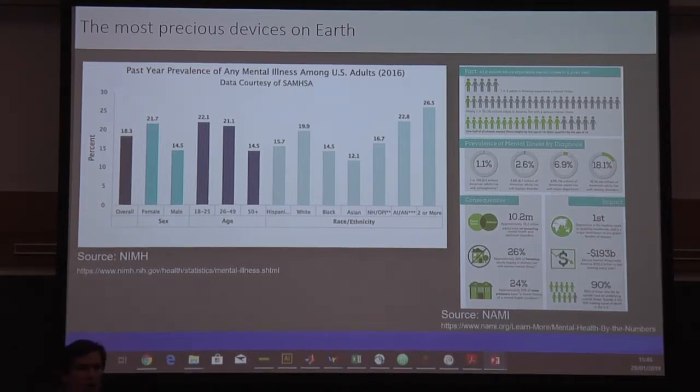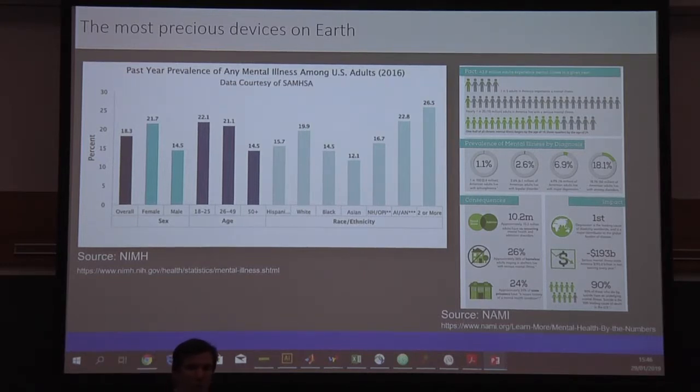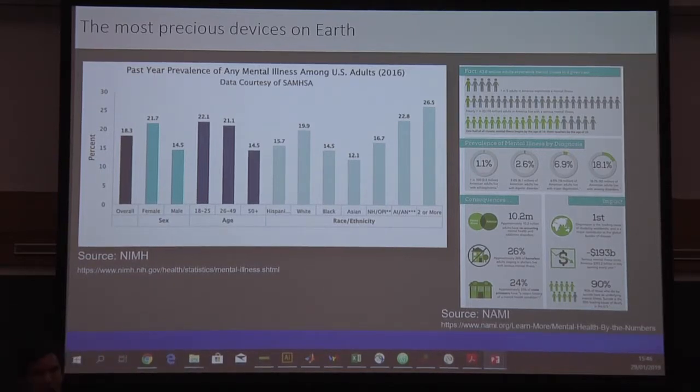So being able to solve how the brain works and being able to address computations in the brain is not only interesting from a technological perspective, but also to alleviate what's probably one of the most important and challenging health problems of our time, problems that cost the US about $200 billion a year.